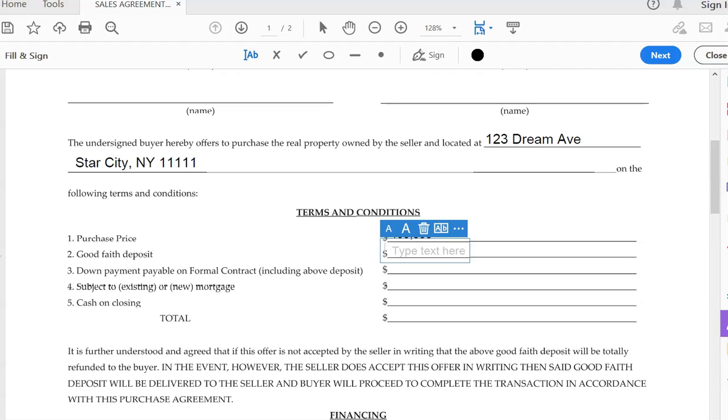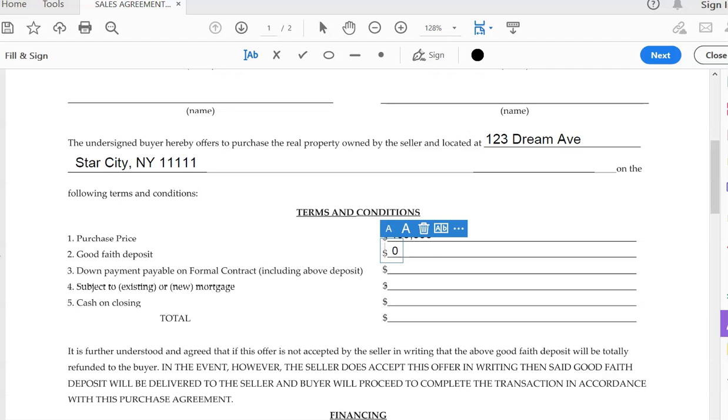If they elect not to, you leave this blank. If they elect to present money or a good faith deposit at the time of presenting the offer, then you would fill out the amount right here. For the purposes of this illustration, we'll put 0.